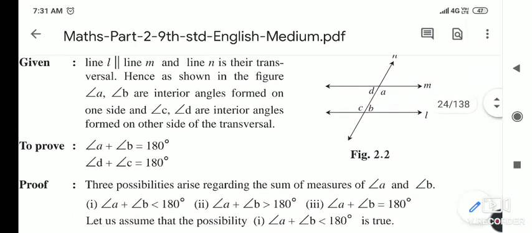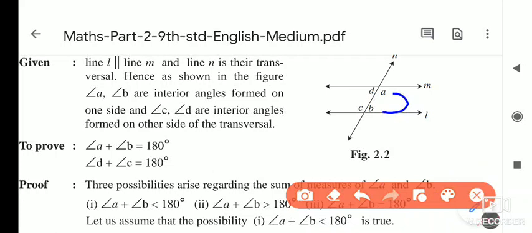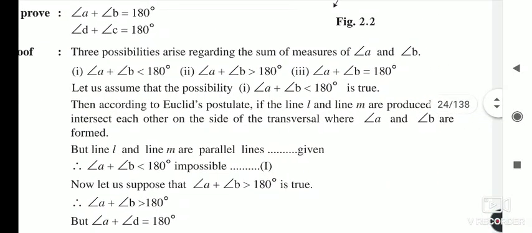So three possibilities are there: the sum of A plus B is less than 180, more than 180, or A plus B is equal to 180. We will study all these three possibilities one by one.